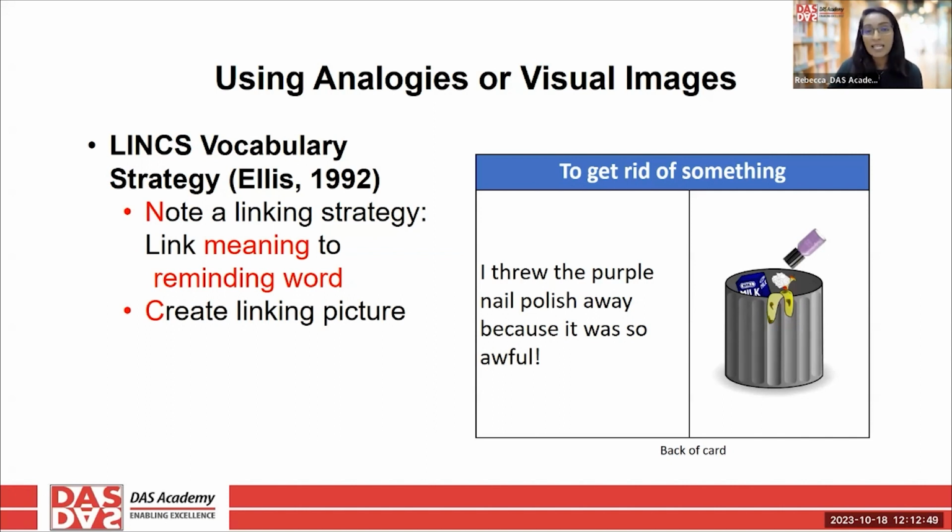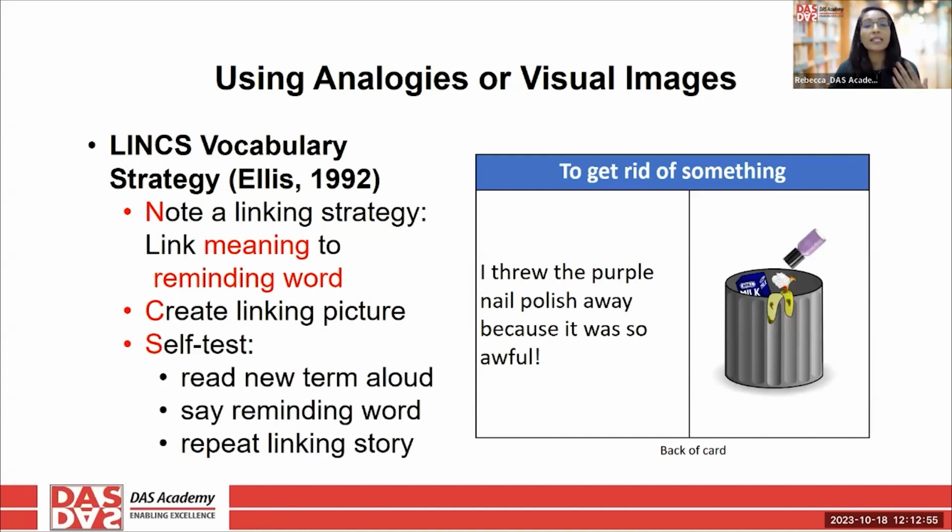For self-test, you can get the learners to do a forward and backward test following the steps listed here. You get them to read the new term aloud, which is abolish, get them to say the reminding word, which is polish, and to think of the linking story. In order for them to retrieve the linking story, they imagine the image of the dustbin and the purple nail polish. So I threw the purple nail polish away because it was so awful.